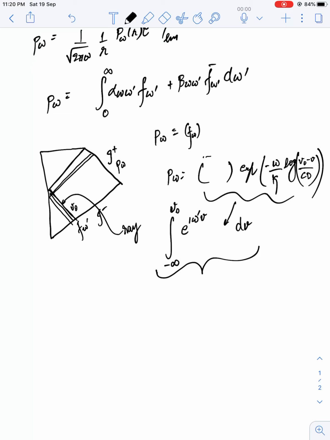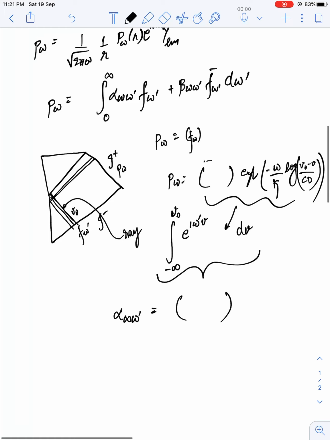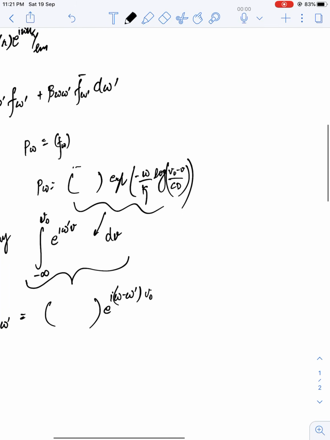But after doing the calculation, you get alpha omega dash to be of some form. There are some constants, and it's omega minus omega dash v naught, minus i omega, minus 1 plus i omega by kappa.